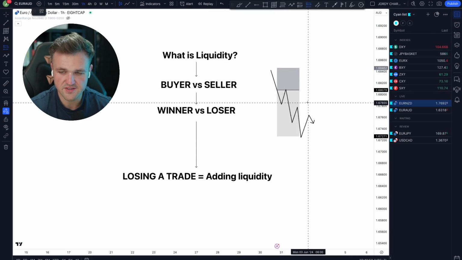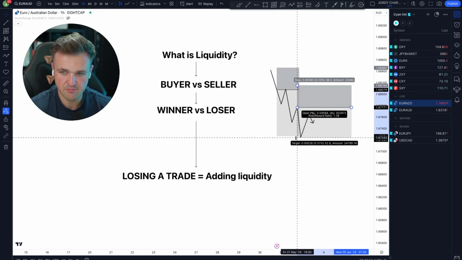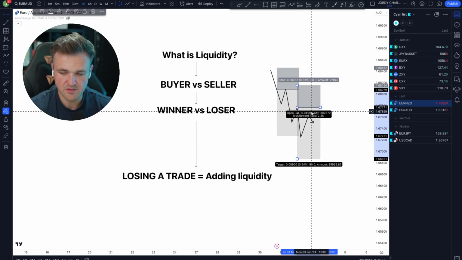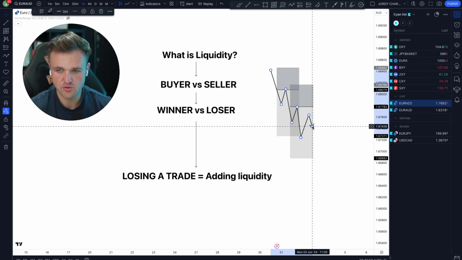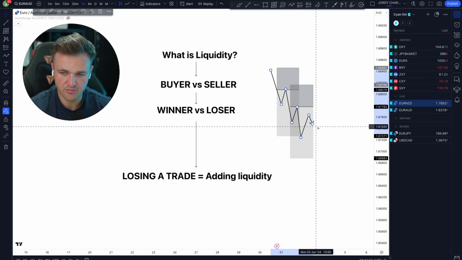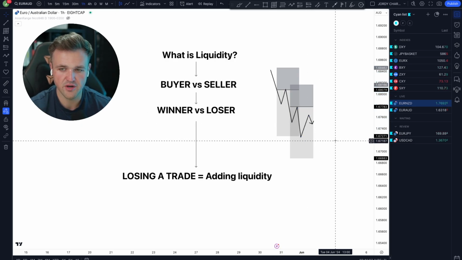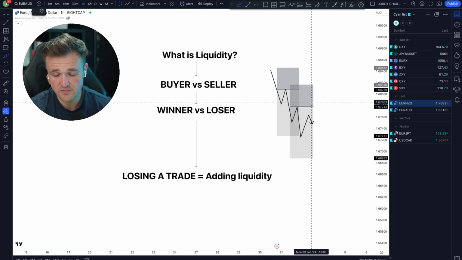On the next correction here, we have the same people going short. These people are in the position, but if smart money, the bigger players, want to move in the market and take a position right here, there are no sell orders in the market. So they need to find some losers.